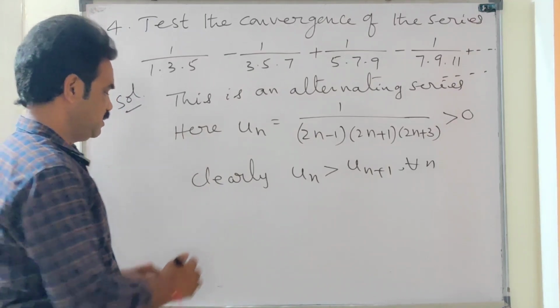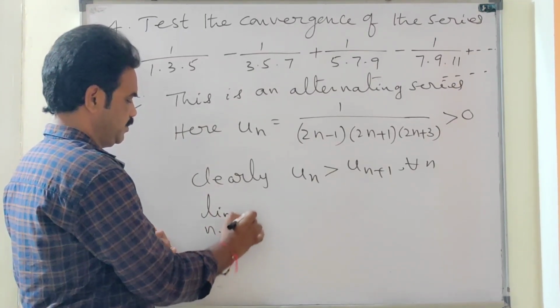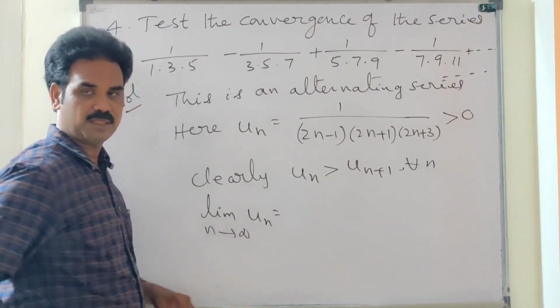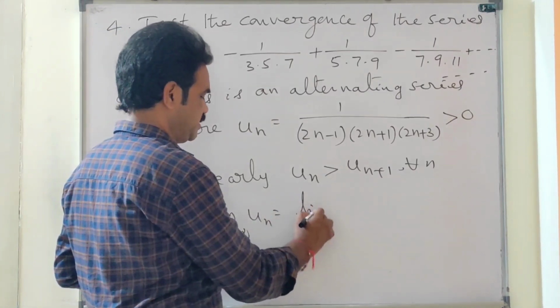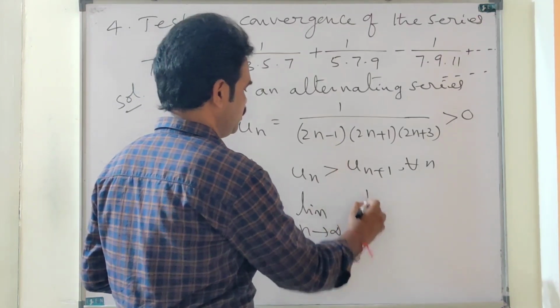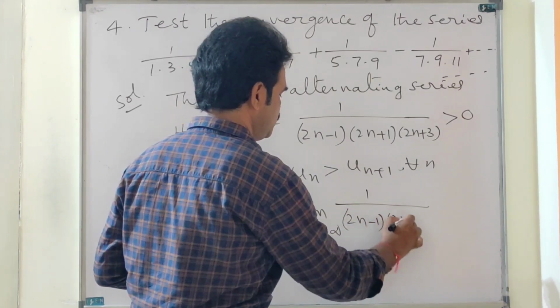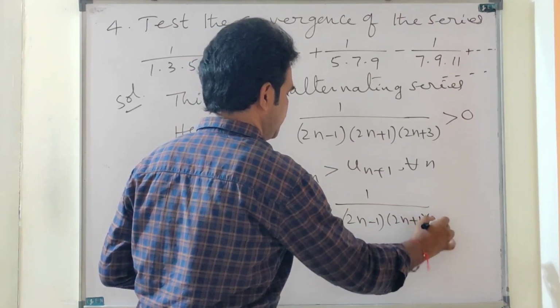Okay, now limit n tends to infinity un is equal to limit n tends to infinity, what is un here? 1 by 2n minus 1 into 2n plus 1 into 2n plus 3.